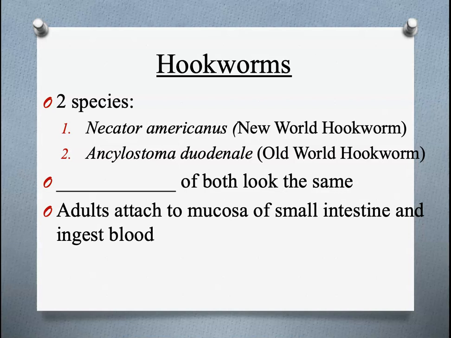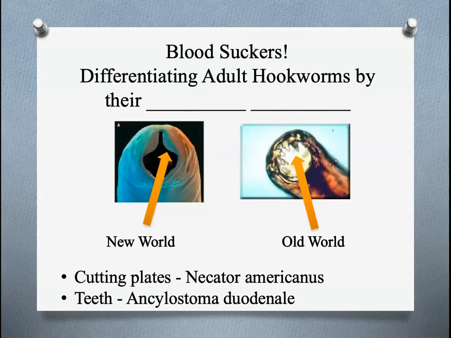As this sounds like, they have hooks, or teeth, or cutting plates, and they can attach to the mucosa of the small intestines, and they actually ingest blood. So these guys are blood suckers. Speaking of that, this is one of the ways we distinguish between the two hookworms.